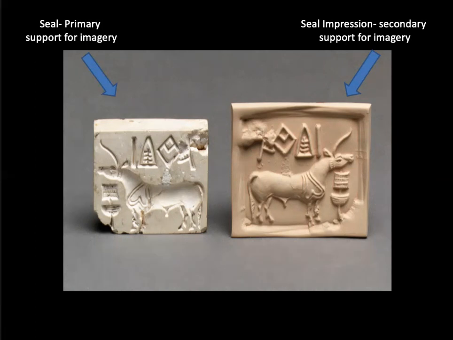So when we look at these secondary supports, what we're seeing is not only the imagery that we find on the seals or on the molds that made them, but also an object that exists in its own right, something that has meaning embedded in its physical form, as well as in the iconography that it carries.